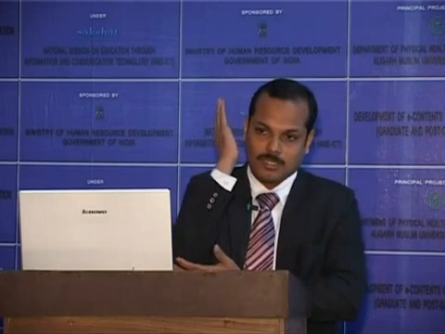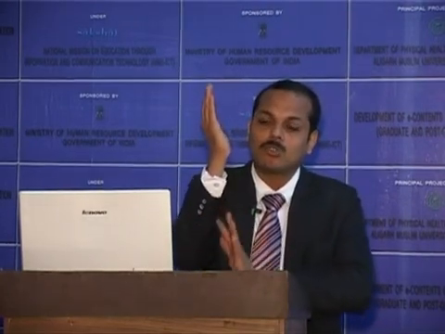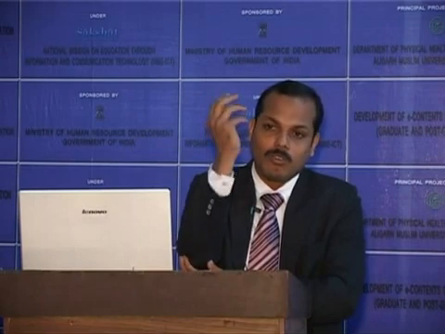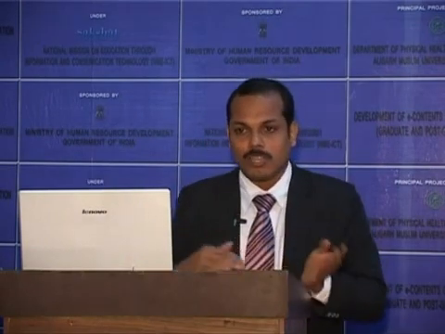For example, if I am doing an elbow flexion and extension, osteokinematics means we are seeing the two bones and how they move. And arthrokinematics means what is happening inside this elbow joint, what type of movement is there inside the elbow joint, whether it is a roll, a spin, or a glide.